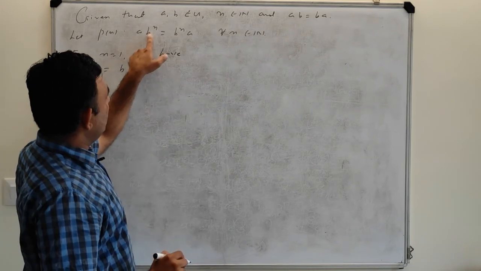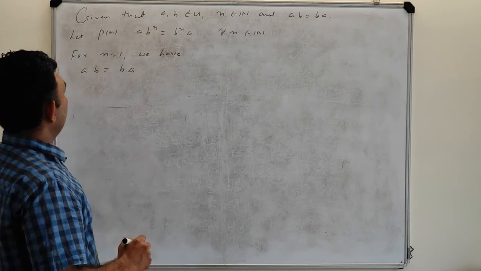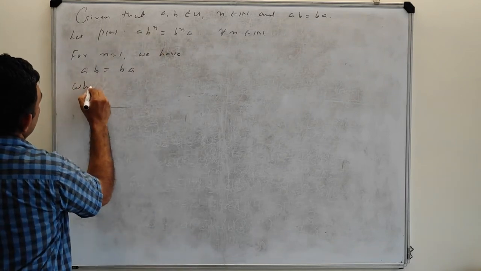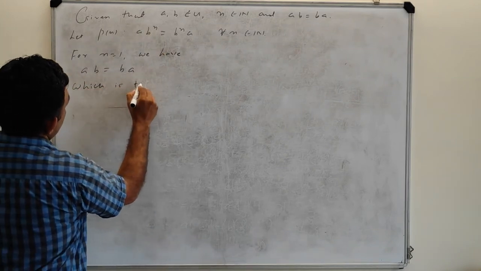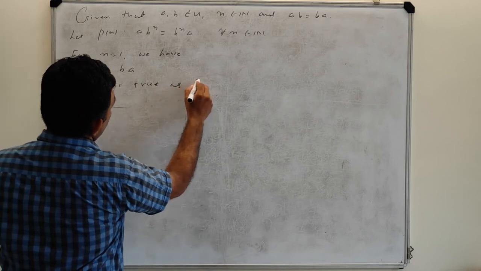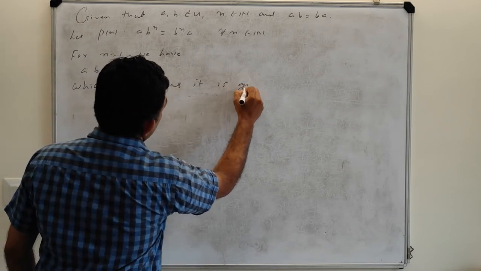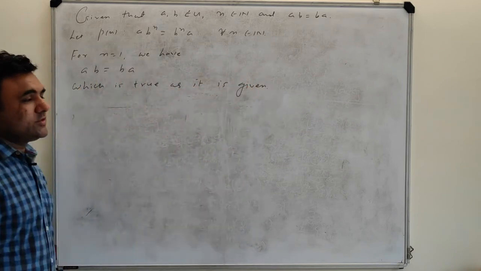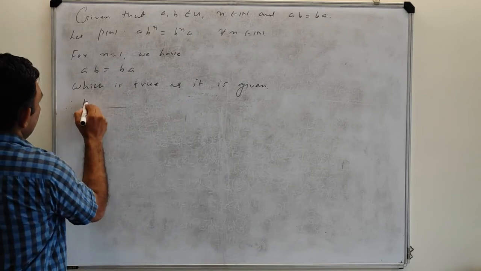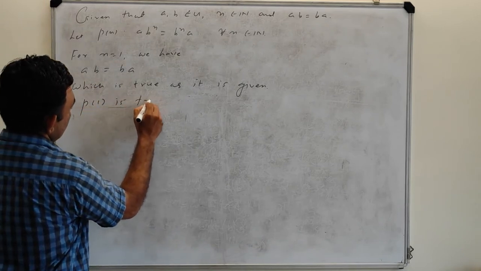You take n equal to 1, then AB equal to BA, which is true as it is given. So therefore P1 is true.